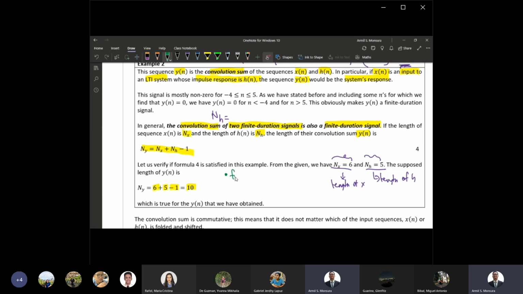So folding, shifting, multiplication, and summation.